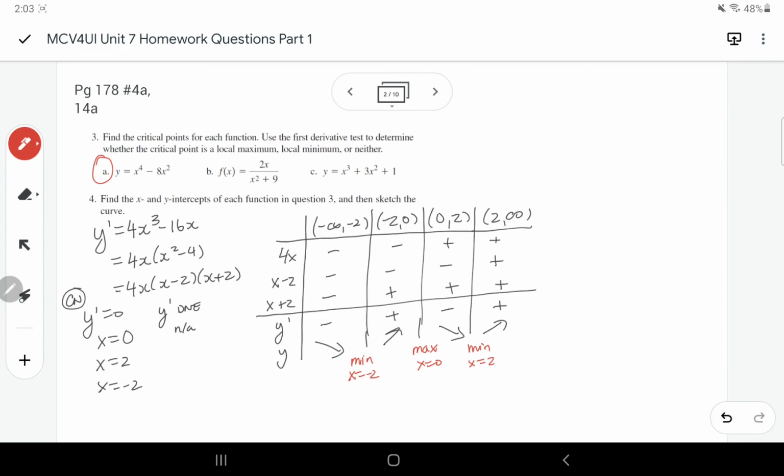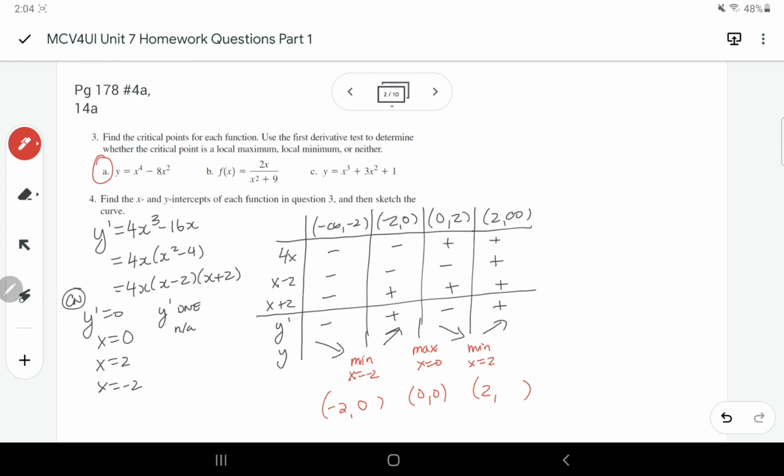So if we look at what the values would be, especially for sketching, I'm going to want to substitute these values into the original function. So if I have negative 2 to the exponent 4, pardon me, minus 8 times negative 2 squared, it's going to be 0.